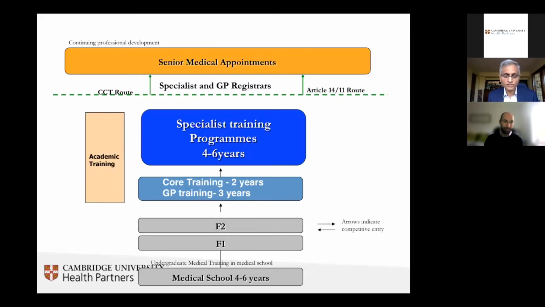At the end of the first foundation year, the General Medical Council would normally register the student as a fully fledged doctor, and on completion of the foundation 2 year, they can apply for specialist training, either as a general practitioner, which takes 3 years, or as a hospital specialist, or other specialist, which can take, after a 2-year core training program, another 4 to 6 years. Then at the end of that program, once completion of training has occurred, they can apply for consultant posts.